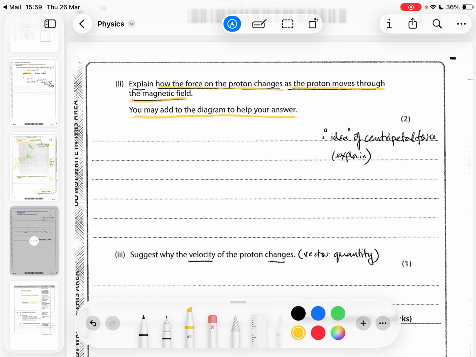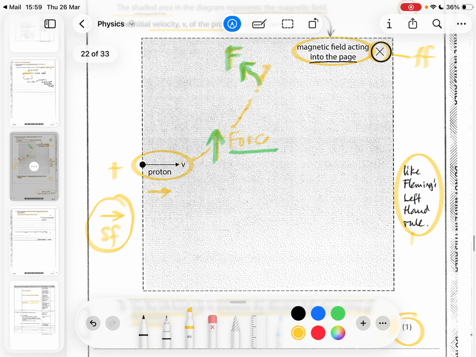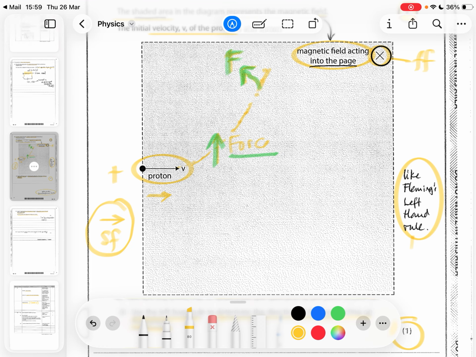You can add to the diagram to show that it's going to have a curved path. Let's change the color to blue. It's going to go this way and eventually go that way. And then the green arrow, let's get rid of this green arrow. The force is always going to be at right angles.